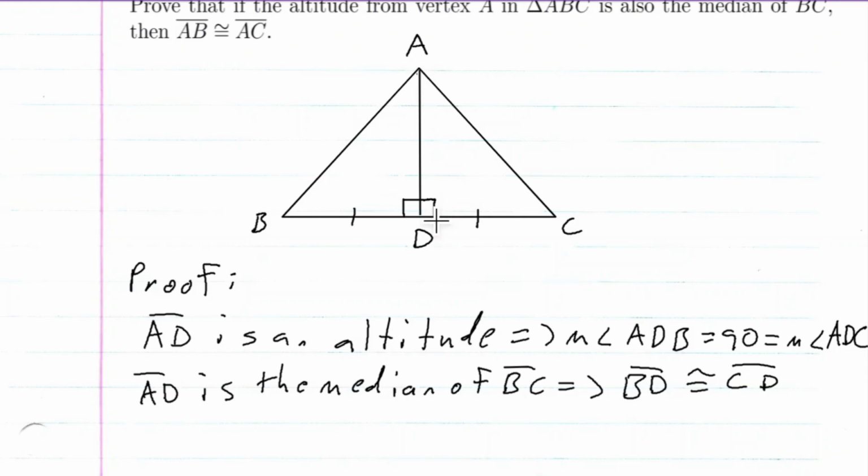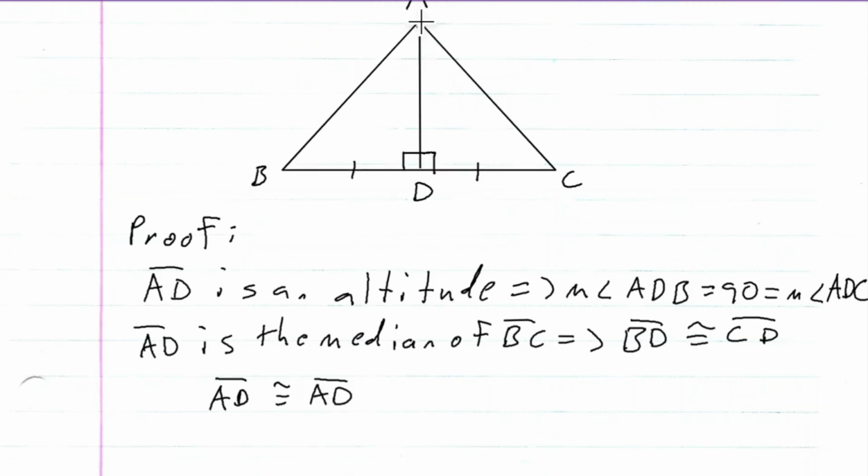So we know that AD is congruent to AD. We know that angle ADB is congruent to angle ADC.